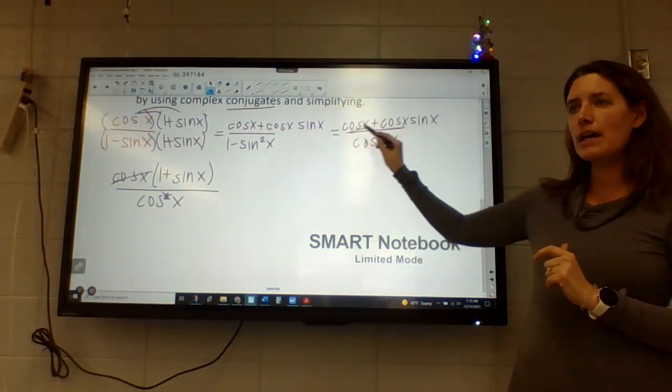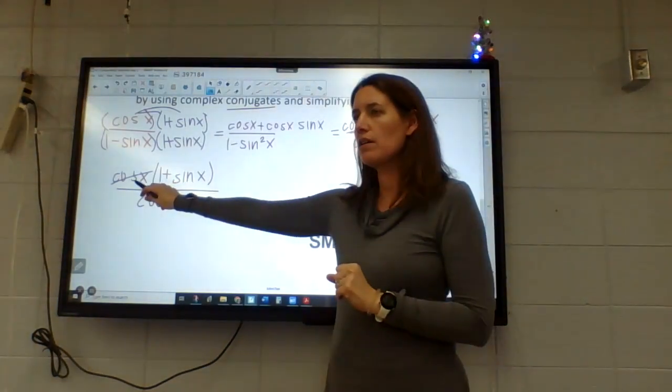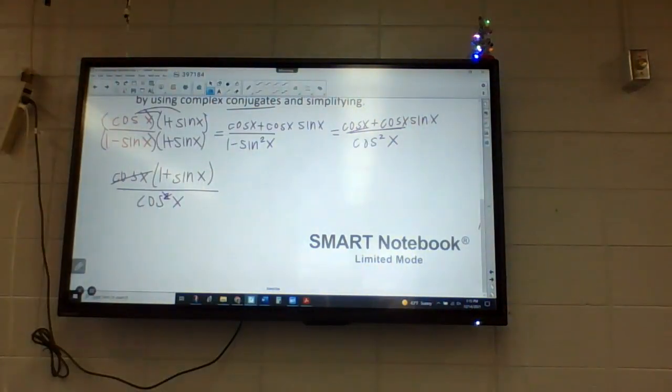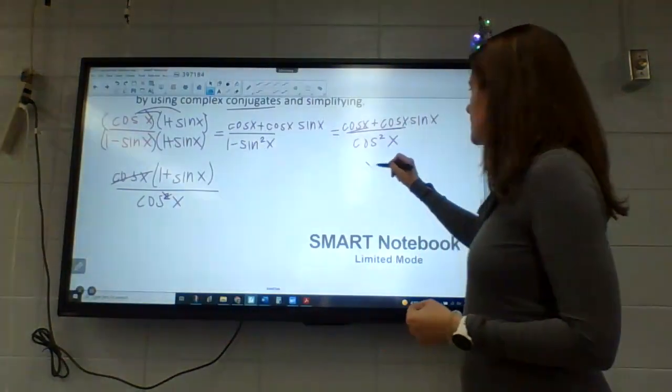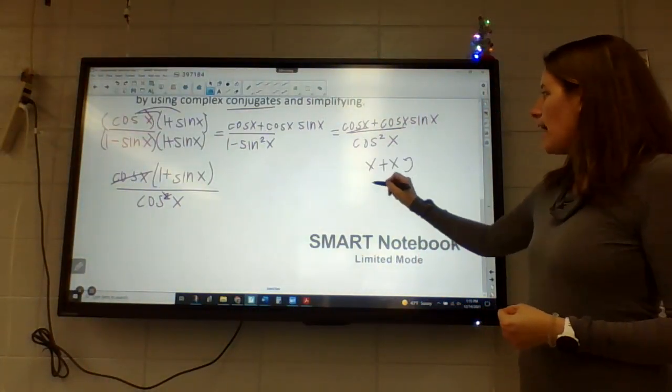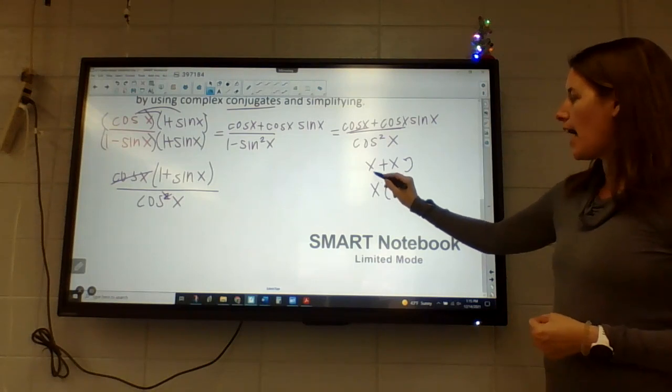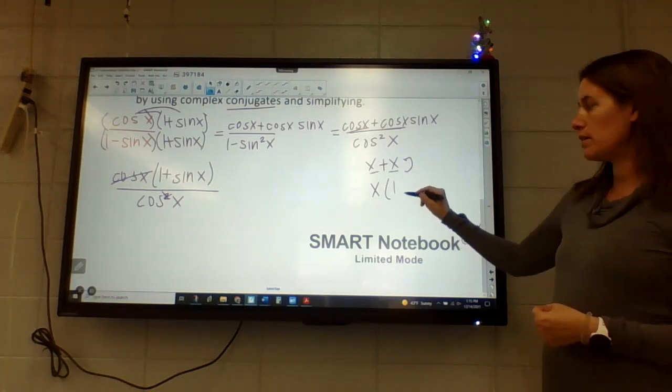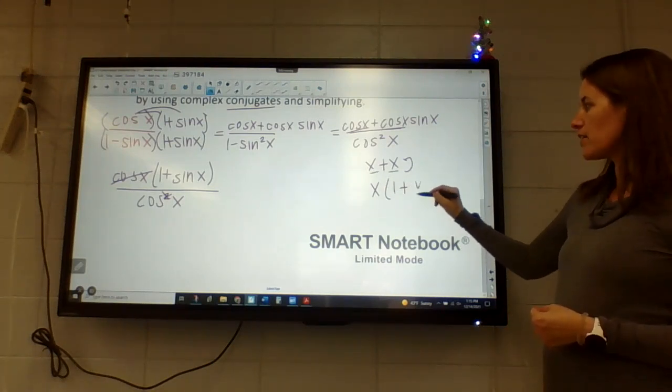I took a cosine out of here. I factored it out, just like I would factor out an x here. That's where you get the 1 plus. So again, if this is like x plus xy, I take out an x; x divided by x is going to be 1, and x divided here is going to be y.